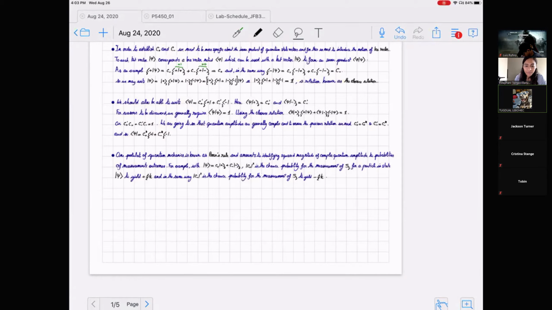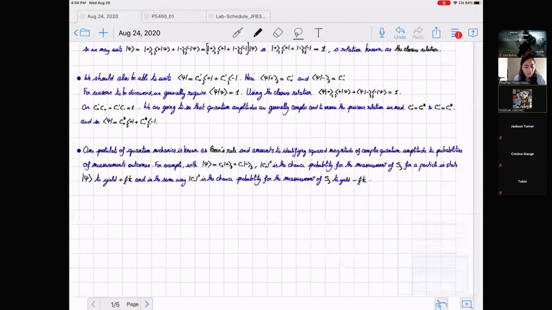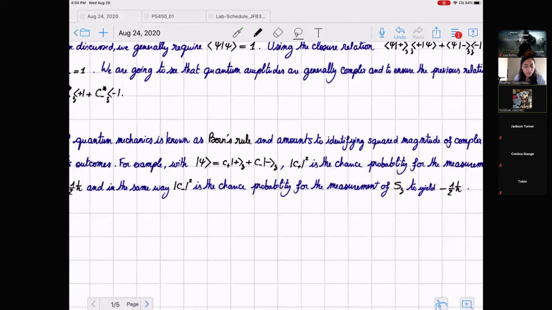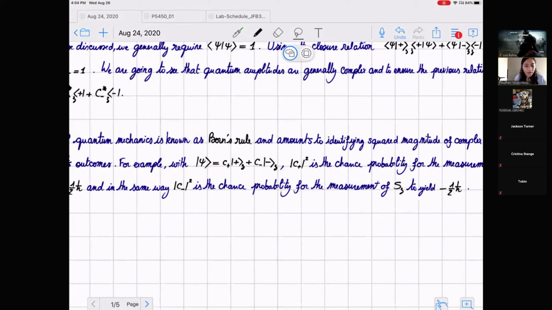I think in the book they do an experiment with 100 particles, and they say 45 can be in one state and 50 or whatever could be in the other state, and it doesn't have to be 50-50. No, it doesn't. So okay, we can take an example. I guess my question was, when do we know that's the case and when not? That's what I was getting confused on.